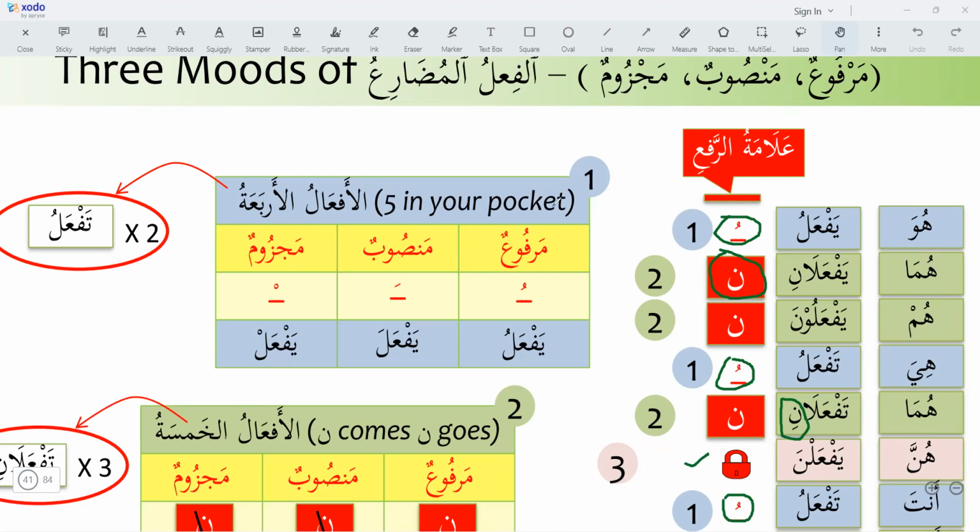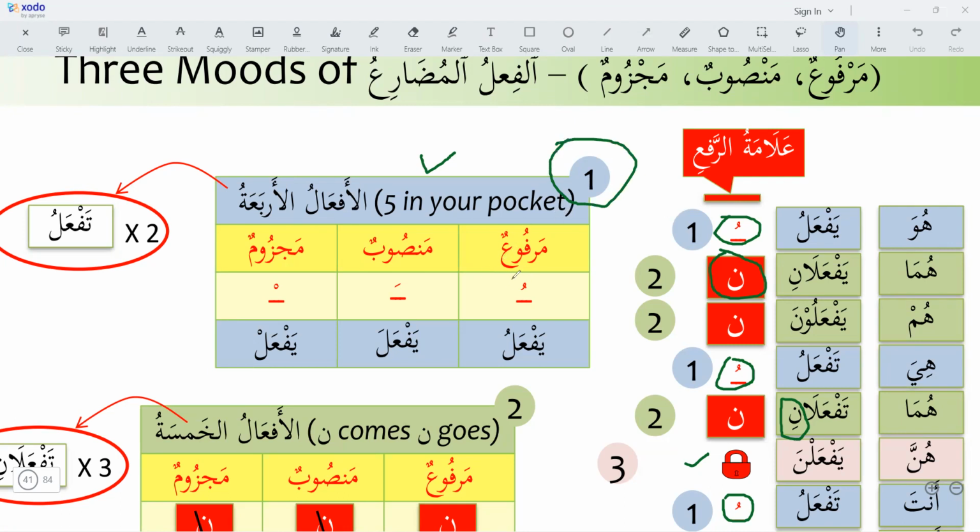So we have learned three groups in the last lesson. First was af'alul arba'atu, five in your pocket. These are five verbs on the same pattern. So this color shows that pattern.